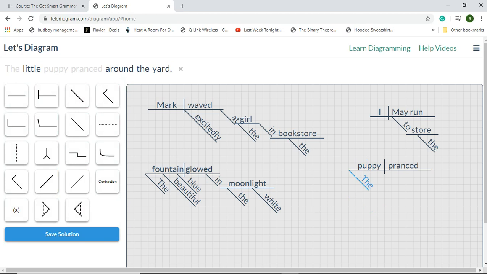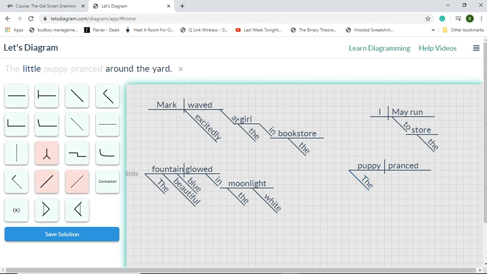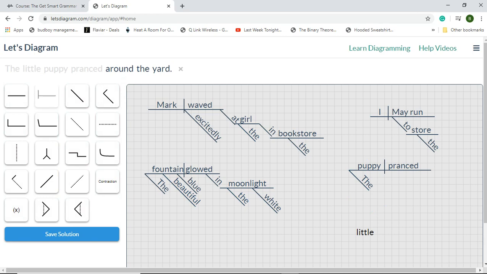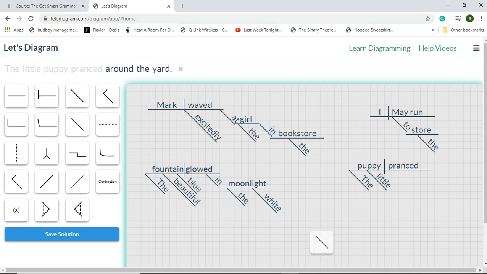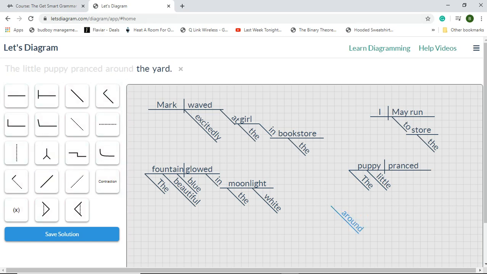So we have two. The and little. Which puppy? The little puppy. These are adjectives modifying puppy. Good. And then we have a prepositional phrase around the yard, which is acting as an adverb, so it's going to modify the verb prance. So when we come in here, we have around, which is our preposition, modifying pranced.